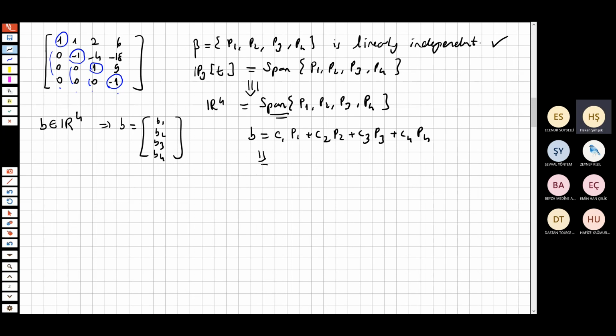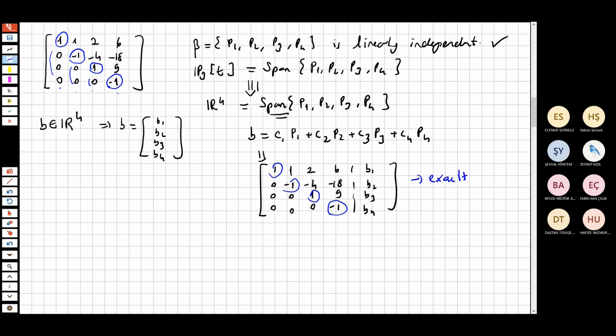When we consider the corresponding matrix 1, 0, 0, 0, 1, minus 1, 0, 0, 2, minus 4, 1, 0, 6, 18, 9, minus 1, B1, B2, B3, B4. For every row, there is no impossible situation. We can find exactly one solution. Exactly one solution.